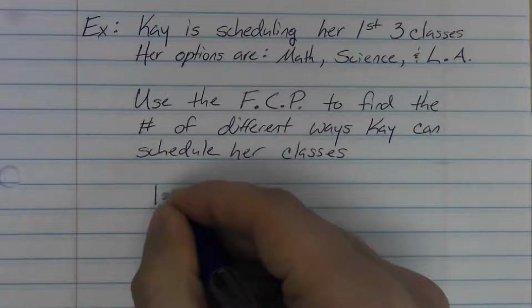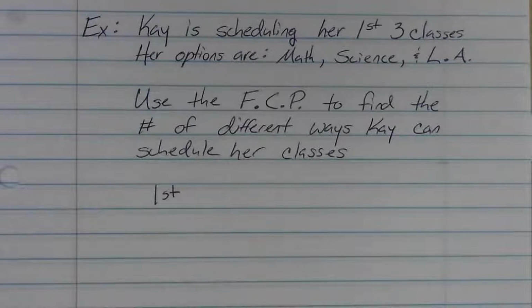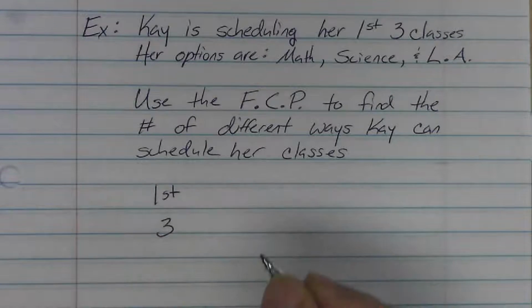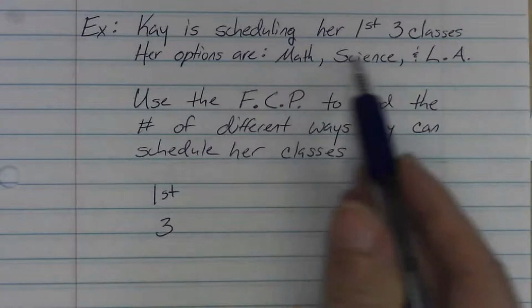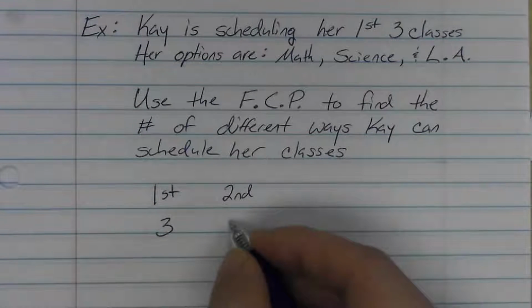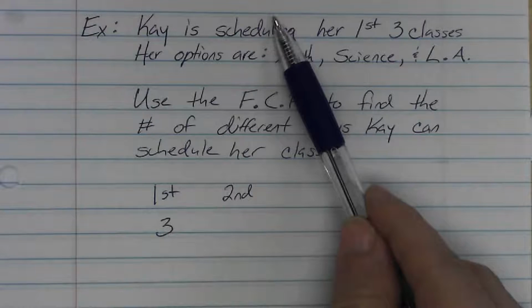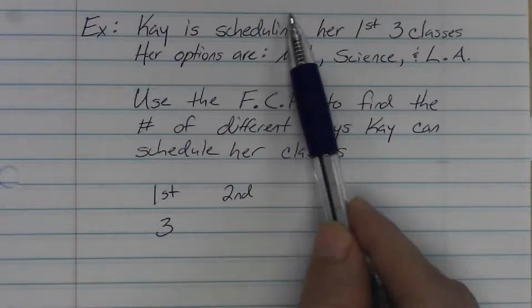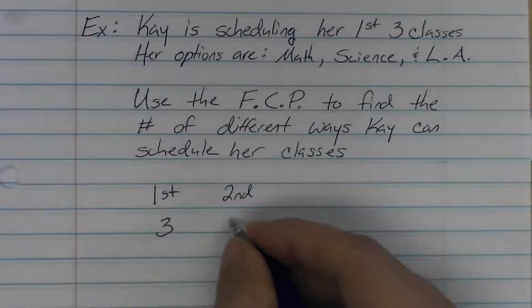When she chooses her first class, she has 3 different things to choose from: math, science, or language arts. So she has 3 options. Now, once she chooses one of these, it doesn't matter which one, for her second class, she only has 2 classes left to pick. For example, if she chose math for her first period, she only has 2 things to choose from: science and language arts for the second, or whatever other scenario works.